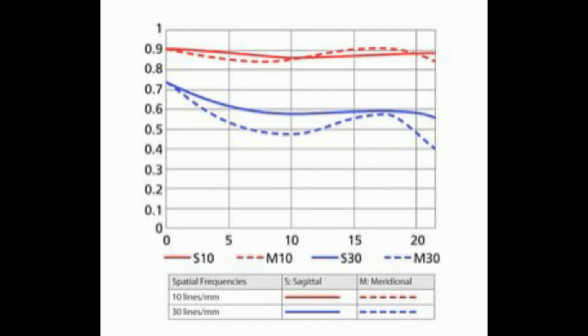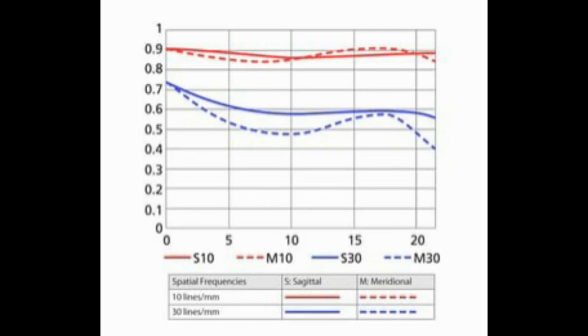There are many ways to draw an MTF chart. What lens manufacturers usually provide us with is a chart describing the change in contrast as related to the distance from the image center towards the corner.